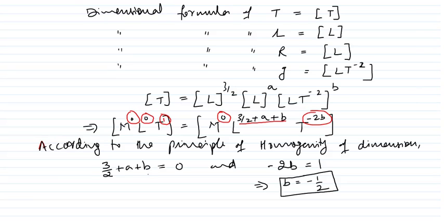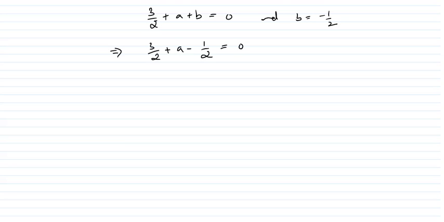Now if we put the value of B here, then we can get the value of A. So using this one, 3 by 2 plus A plus B is equal to 0, and B is equal to minus 1 by 2. Then we get 3 by 2 plus A minus 1 by 2 is equal to 0.